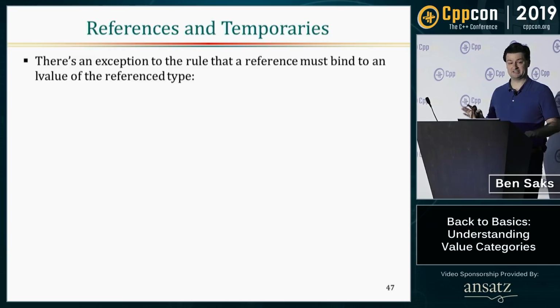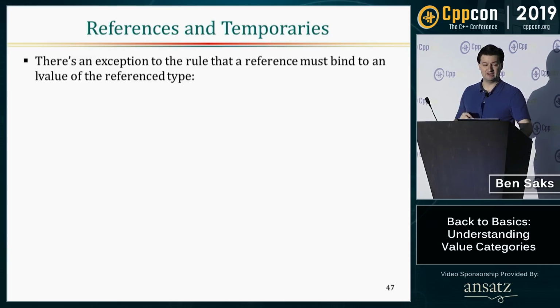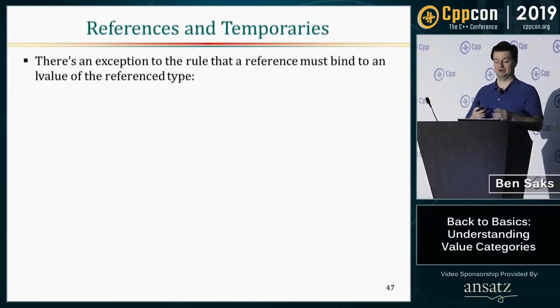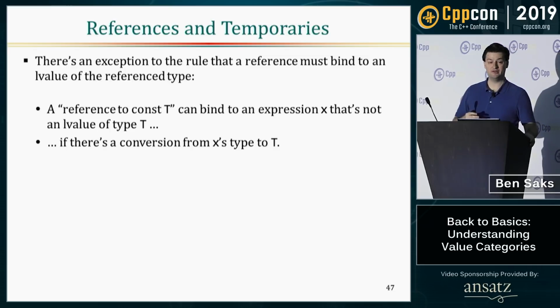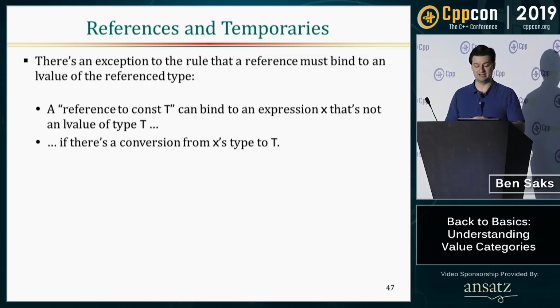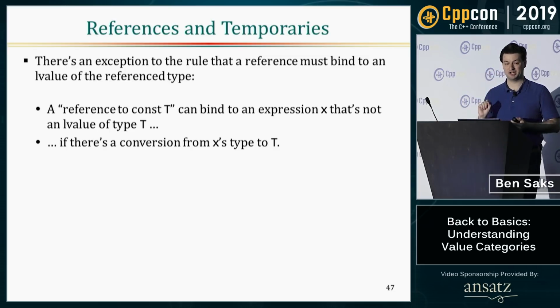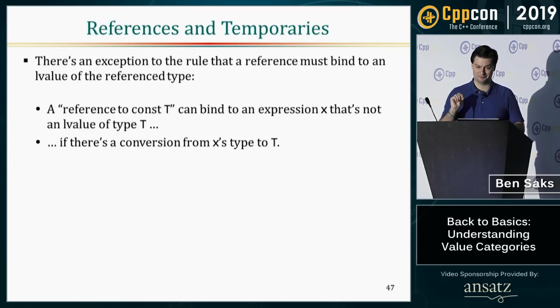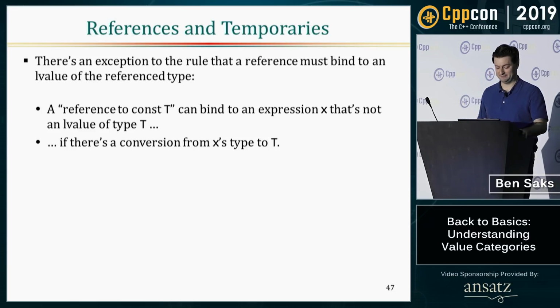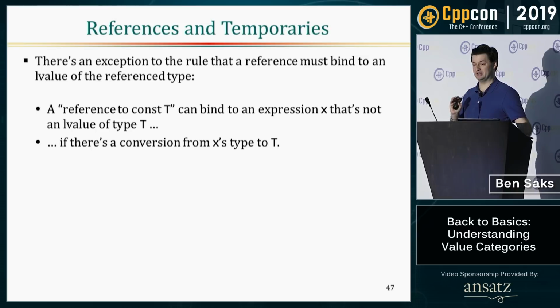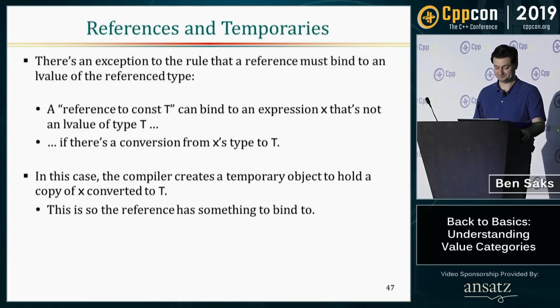Well, sort of. There's an exception to that rule when we get into references to constant objects. It turns out that a reference to a const T can bind to an expression x that's not an lvalue of type T, as long as there's a conversion from whatever type x has into the type T that the reference wants to bind to.